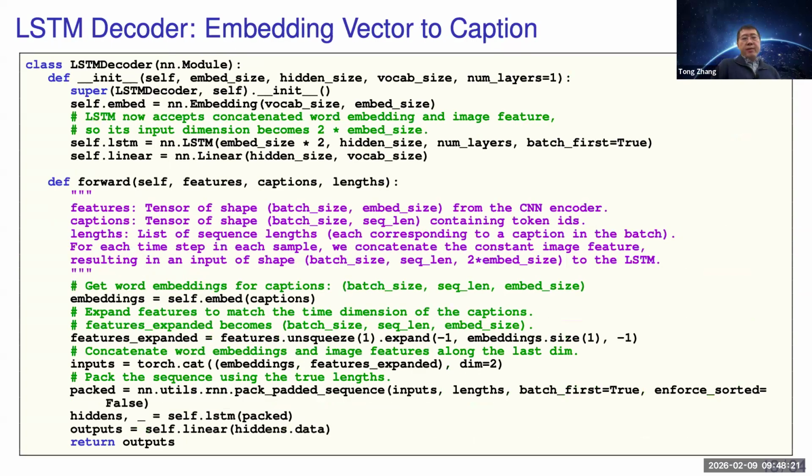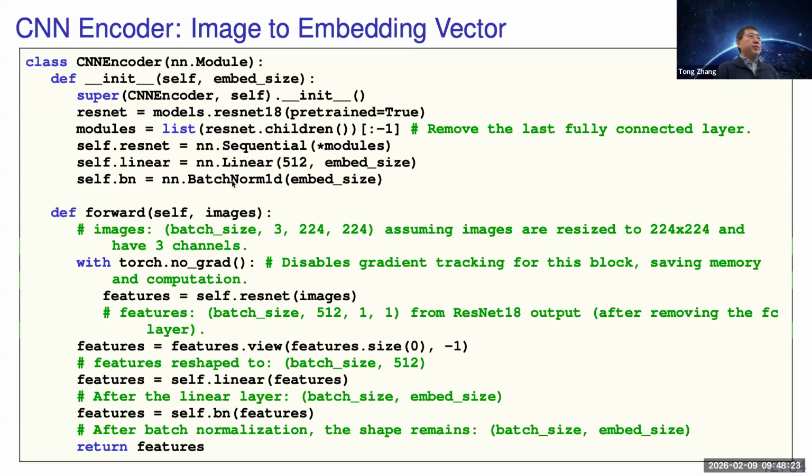The decoder has an embedding vector. This one eventually gets you the embedding, so this is the embedding size, the dimension of Z in our notation. So here it essentially gets you back the features and so on.